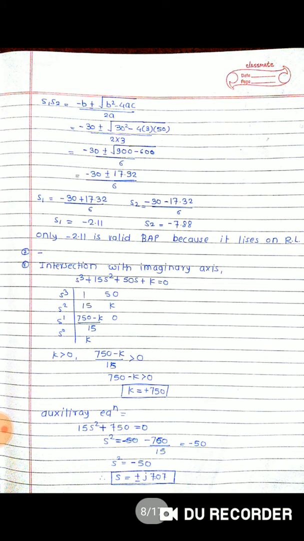Then we'll consider the auxiliary equation for finding the value of s. We'll get the value of s in this way: 15s square plus k is equal to 0. We'll put the value of k as 750 and solve it for s. Therefore s square is equal to minus 750 divided by 15, it is minus 50. S square is equal to minus 50, therefore s is equal to plus minus j 7.07.